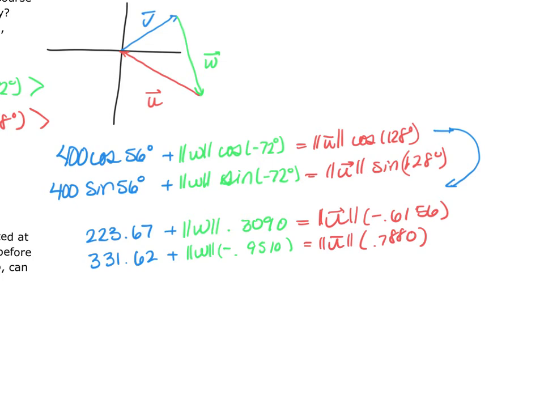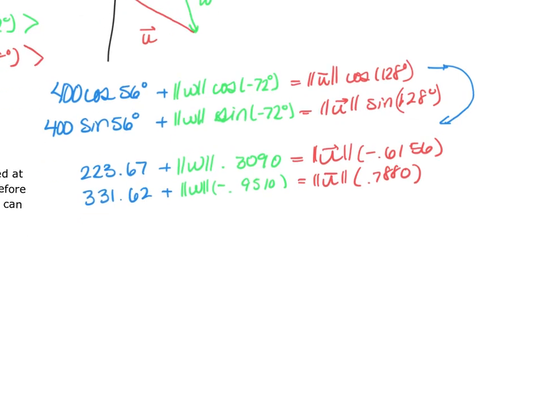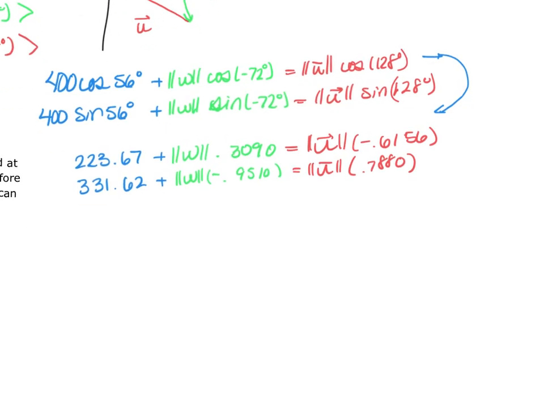I'm going to throw this into a matrix, but be careful. When you throw it into the matrix, you're going to want to make it look like the XY shenanigans. So in other words, what I'm now going to do again is write it in our regular XY form. I have 223.67 equals. I'm going to call this X. I'm going to call this Y, just because it makes my life easy.